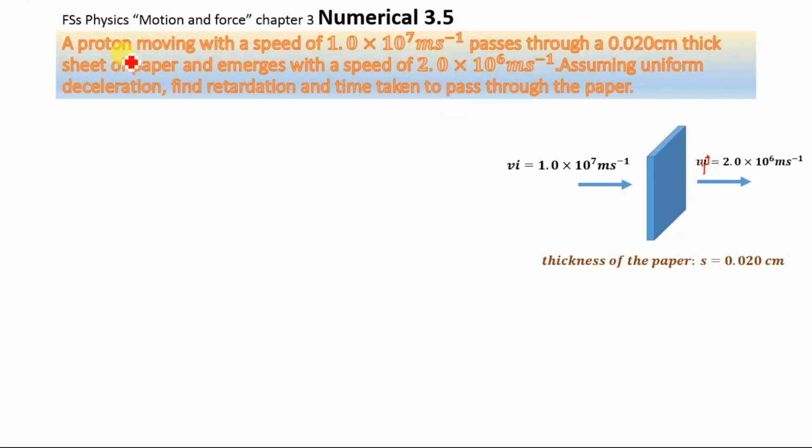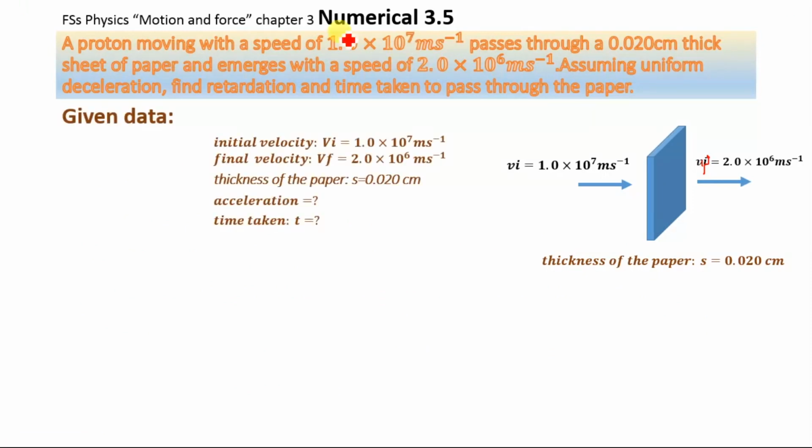Numerical number 5: a proton is moving with a speed of 1.0 times 10 power 7 meter per second. So the initial velocity of the proton is given as 1.0 multiplied by 10 power 7 meter per second.